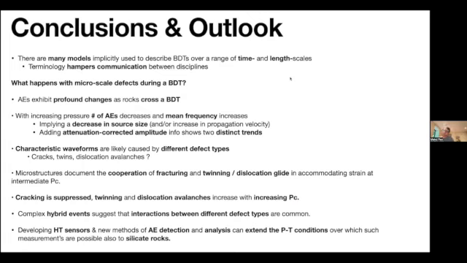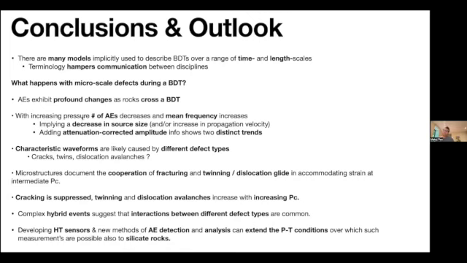And the fact that the terminology is very confused really hampers the communication between the individual disciplines. The other thing that we have clearly documented and observed is that the microscale defects, the fundamental agents of deformation, exhibit profound changes as the rocks cross a brittle-ductile transition.